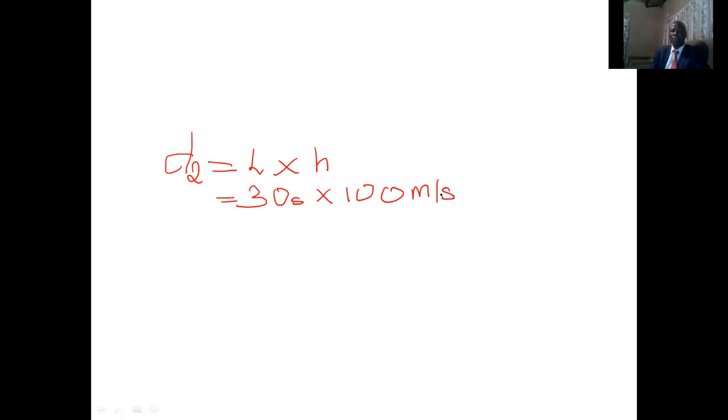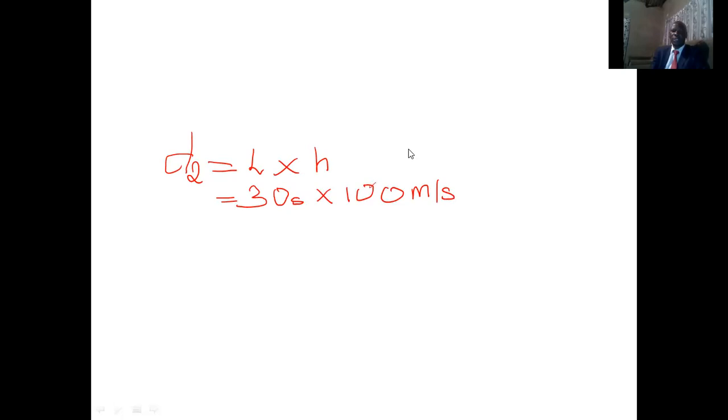And so we can say distance 2 is equal to the area under the curve, which is length multiplied by the height. And we know that the length is 30 seconds multiplied by the height, which is 100 meters per second.